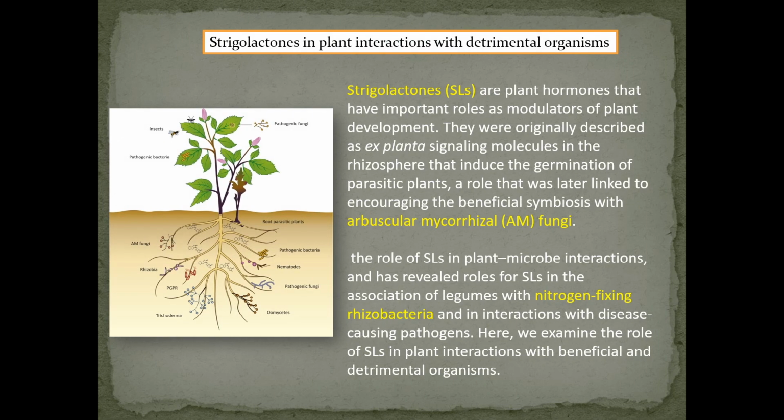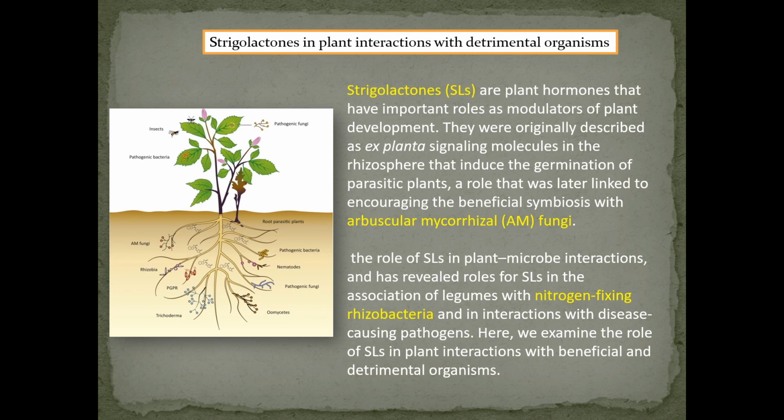Another one of the major hormones, recently discovered, is strigolactone, which mediates plant interaction with other organisms. It is a plant hormone that has an important role as a modulator of plant development.